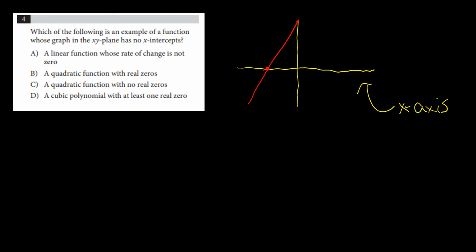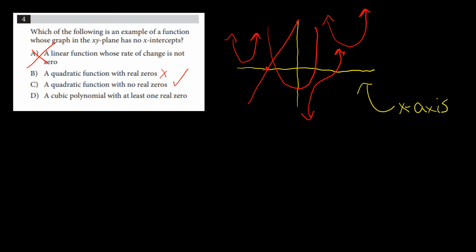Nope, that one's out. Quadratic function with real zeros, well, that would look something like this. That's hitting the x-axis, so that's out. Quadratic function with no real zeros, well, that would look something like this, or maybe this. So that's good. Cubic polynomial without at least one real zero, that's going to look something like that. So the only logical one here is answer choice C.